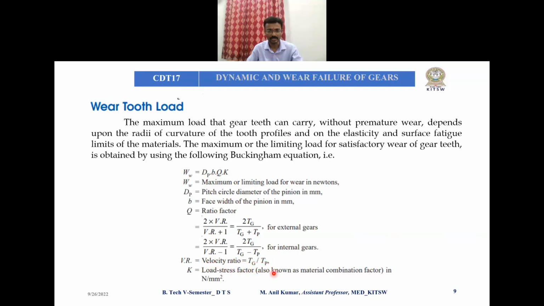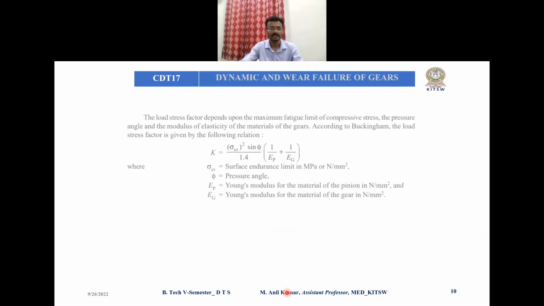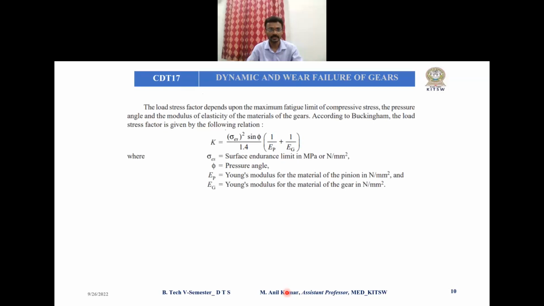K is the load stress factor, also known as material combination factor. Okay, this is the wear tooth load. It depends on maximum fatigue limits of compressive stress. Its relation is given like this, where phi is pressure angle, EP is Young's modulus for pinion, and EG is Young's modulus for gear.